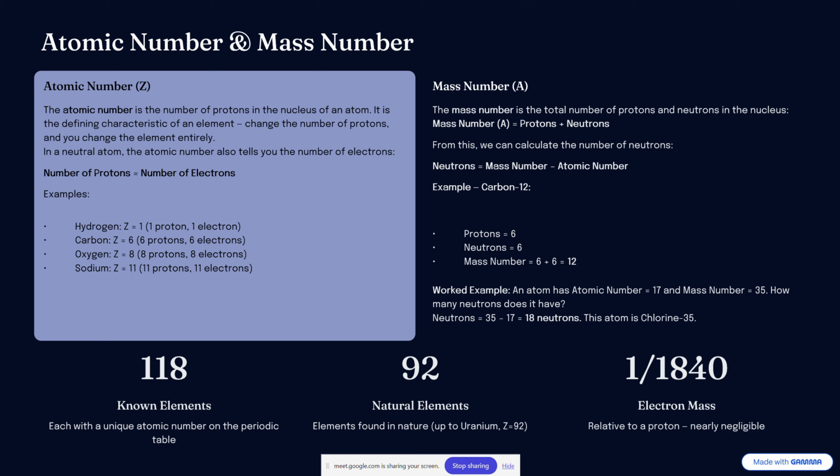So atomic number, yes, we need to know the atomic number. Atomic number is usually denoted by the letter Z, and it is the number of protons in the nucleus of an atom.